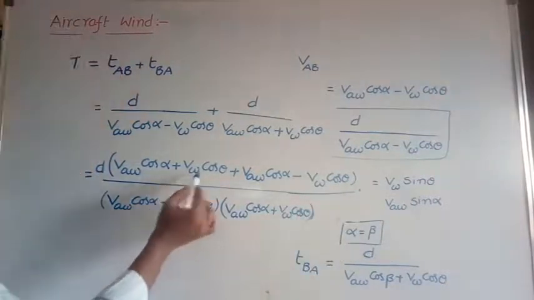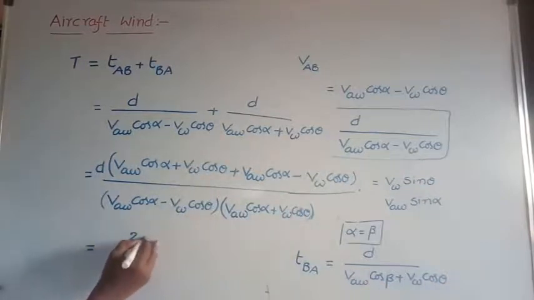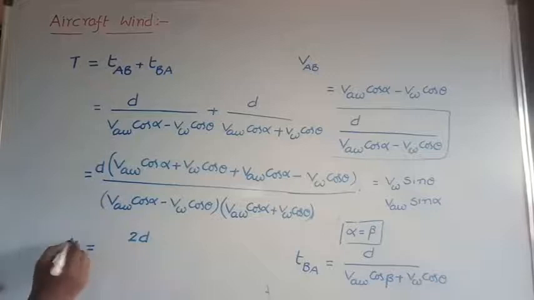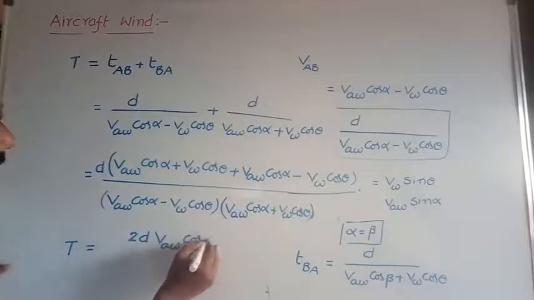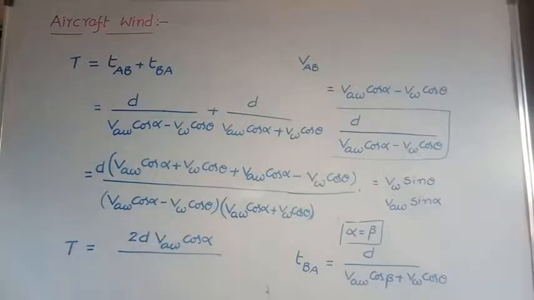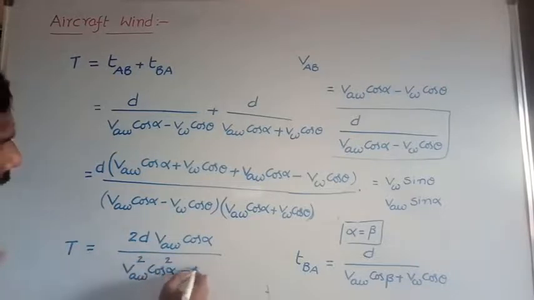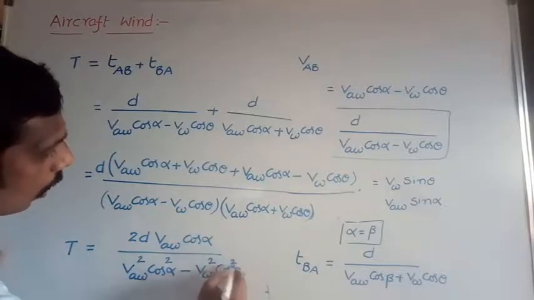Here VW cos theta cancels. Finally, the total time T is equal to 2D into VAW cos alpha divided by, it is in the form of A plus B into A minus B, which is A square minus B square. So that is VAW cos alpha whole square minus VW square into cos square theta. So this is the total time.